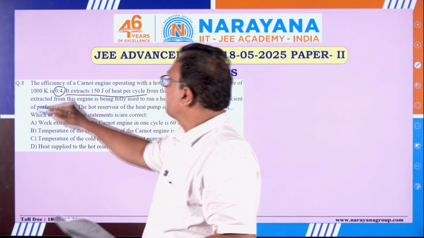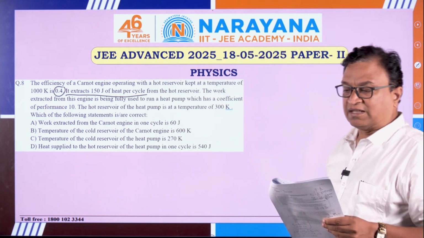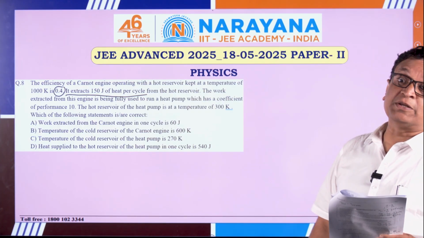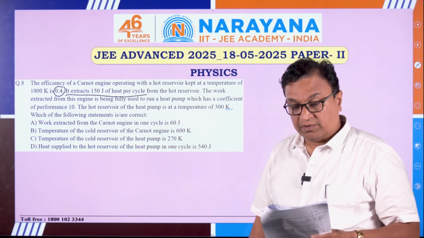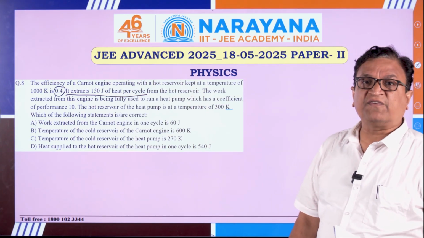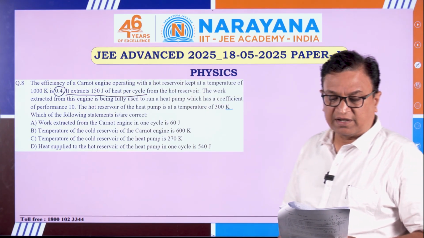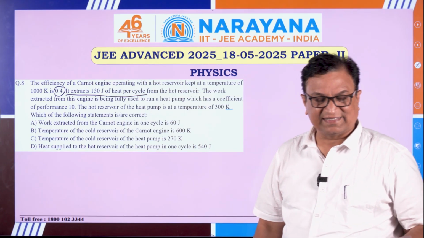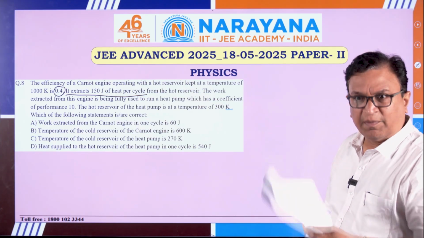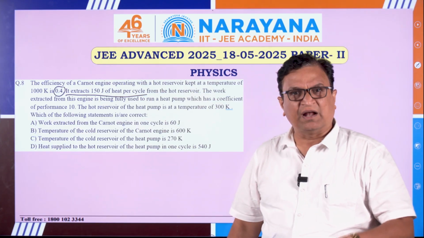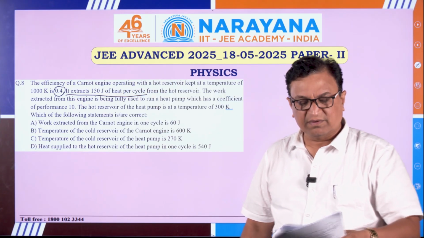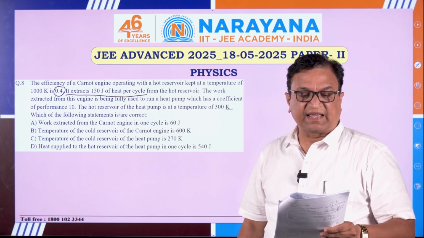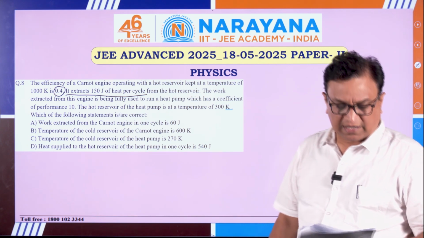From the hot reservoir, the work extracted from this engine is fully used to run a heat pump, for which we define the coefficient of performance, right? For a Carnot engine, we define efficiency. They are two different things, like an automobile engine and a refrigerator. The hot reservoir of this heat pump is at a temperature of 300 Kelvin. Which of the following statements is correct?